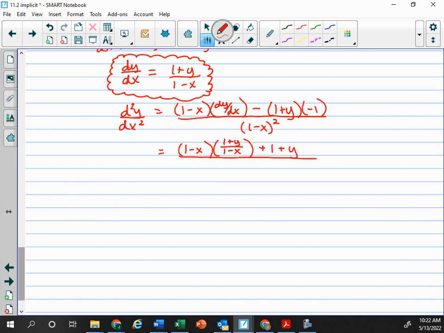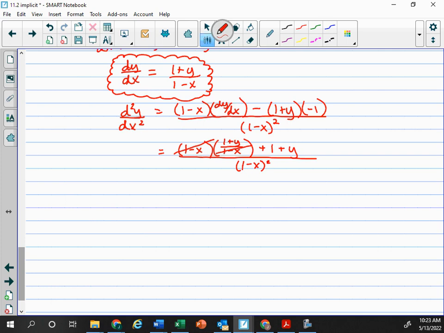And then still all over 1 minus x squared. Okay, what happens? Yeah, guys, these cancel. This 1 minus x, you can think of it as being over 1, is going to cancel with the denominator of the fraction it's being multiplied by. You can cancel a numerator and denominator with fractions when you're multiplying, as long as it's an entire factor.